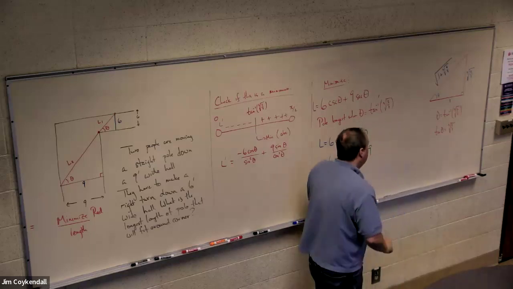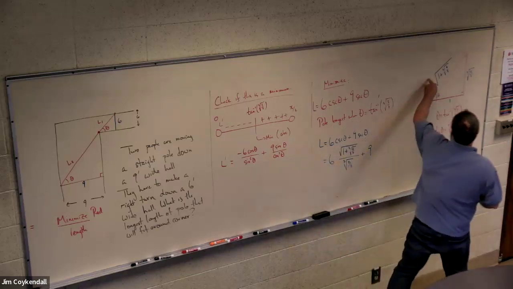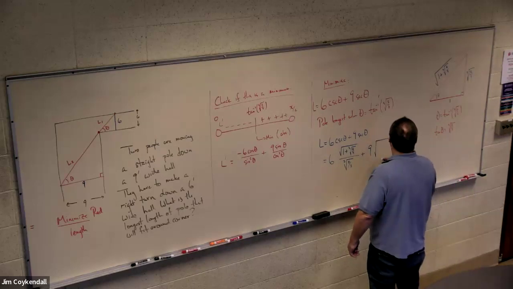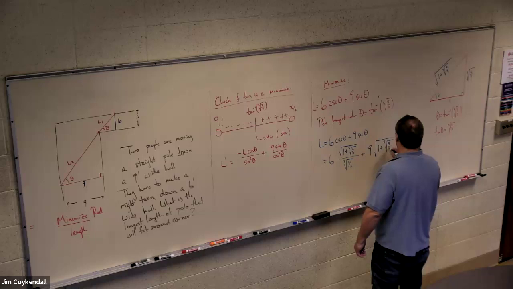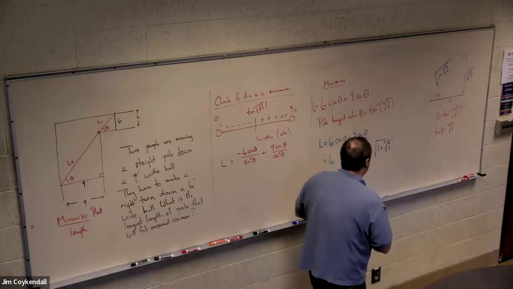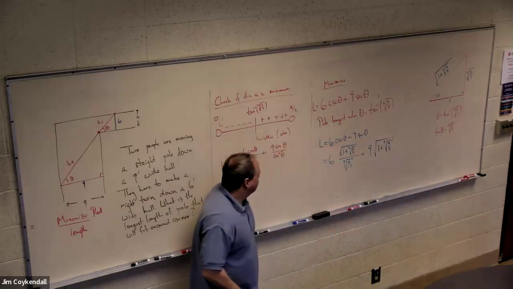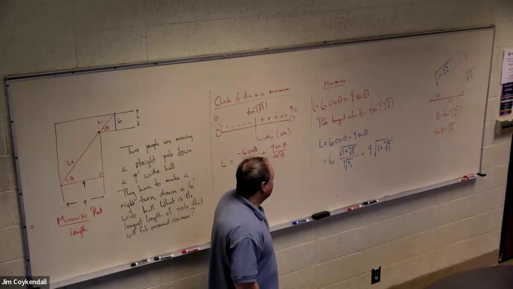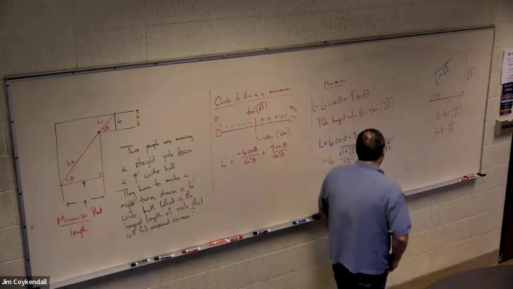And 9 times the secant of theta, which is this over this, which is the square root of 1 plus the cube root of 4/9. So there is the longest length in feet. That's the length of the longest pole that those two posts can get around.